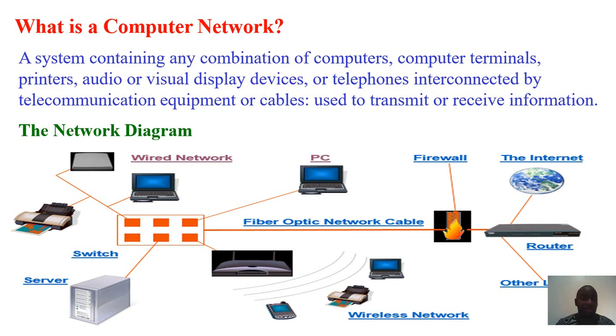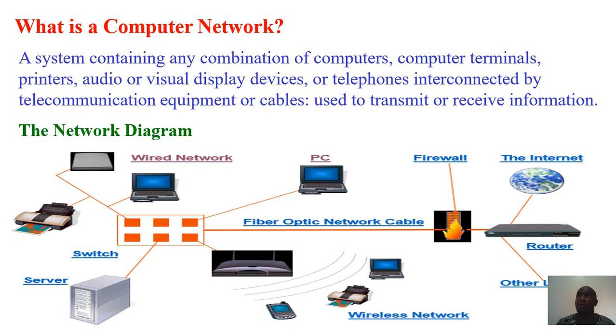The first reason for having a computer network, you should take note of this, is sharing of technology resources. When we talk about these resources, we're talking about printers, systems, etc. A second reason is sharing of data.